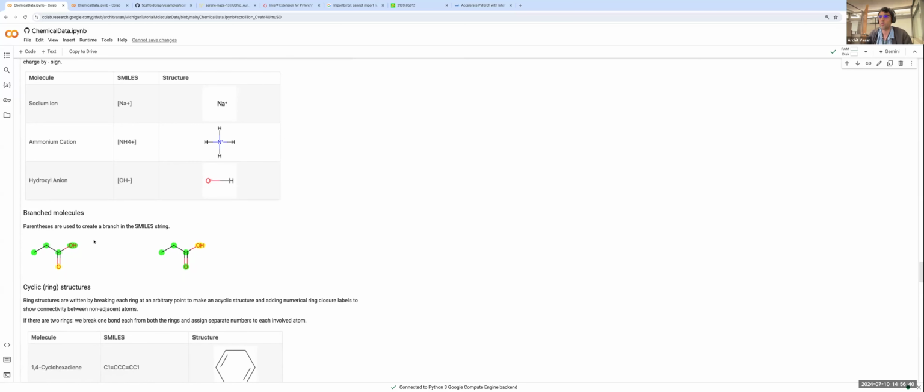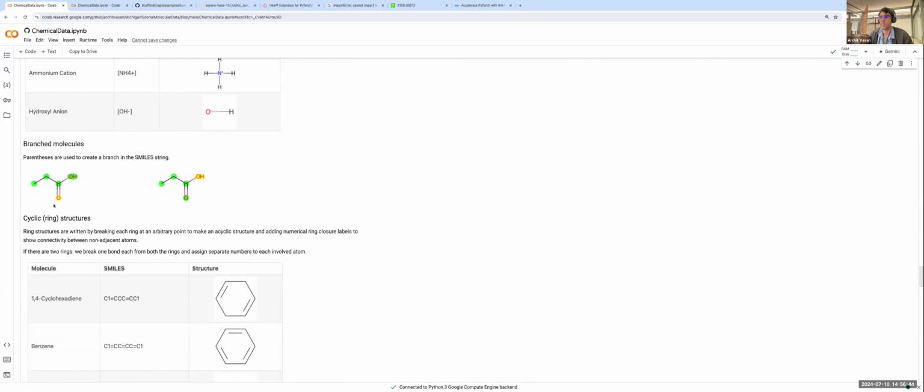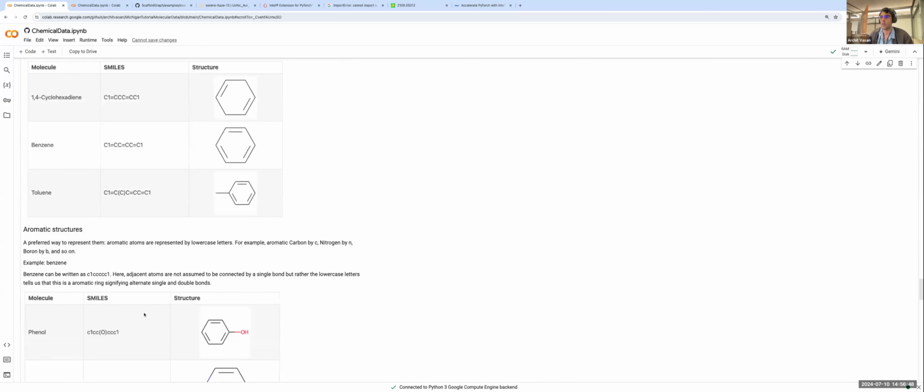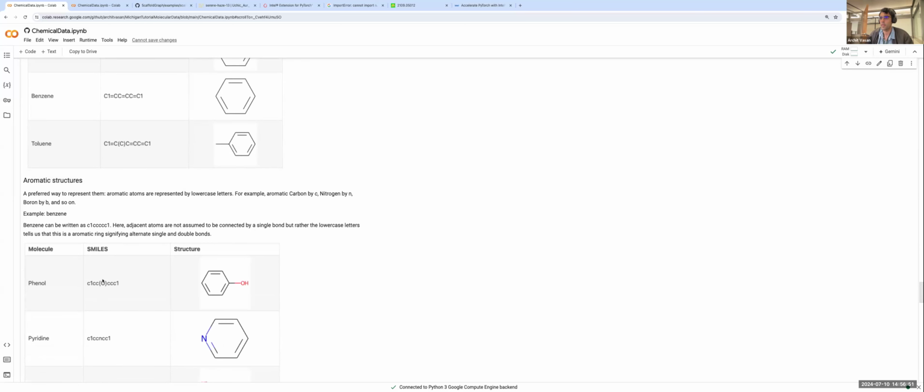And then the very interesting aspect is branched molecules. If you have any branches within the sequence, you can indicate that with a parenthesis. So if you have a compound like phenol, you can follow along it, and once you reach the branch point, you indicate it with a parenthesis and then an O right there.